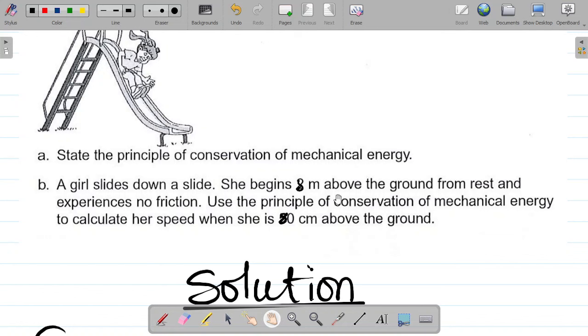She begins 8 meters above the ground from rest and experiences no friction. Use the principle of conservation of mechanical energy to calculate her speed when she is 80 cm above the ground. So here's your question. Solve this, leave your answer in the comment section, and I will tell you if you are correct or not.